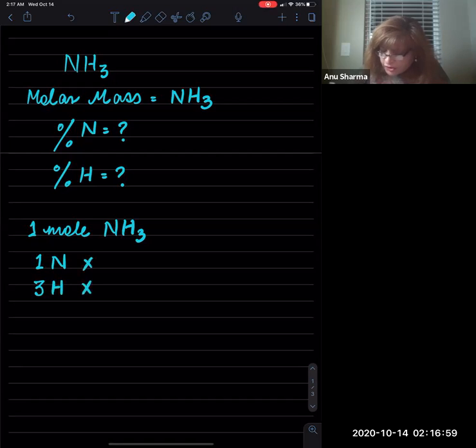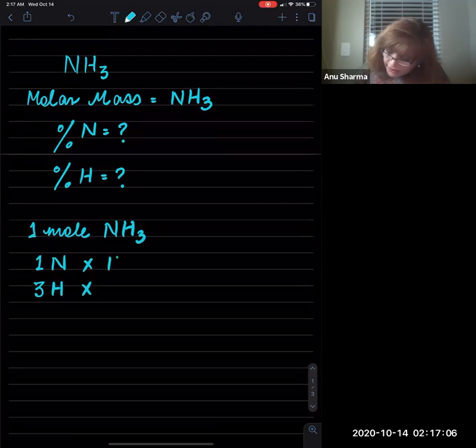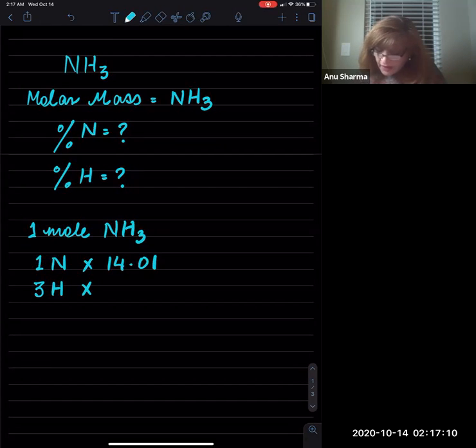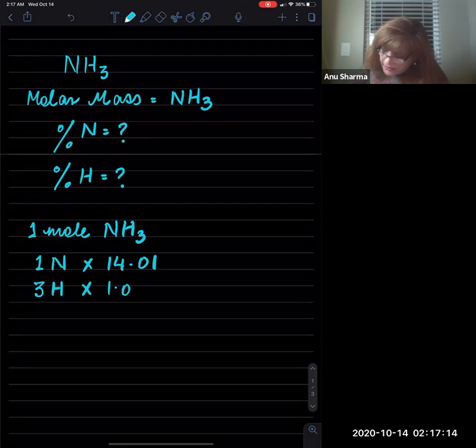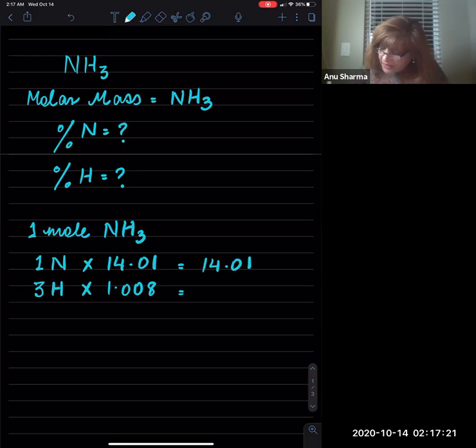The weight of nitrogen is 14.01, and the weight of hydrogen is 1.008. And so this comes out to be 14.01, and this is 3 times 1.008, this whole thing comes out to be 3.024. Now you're going to add.